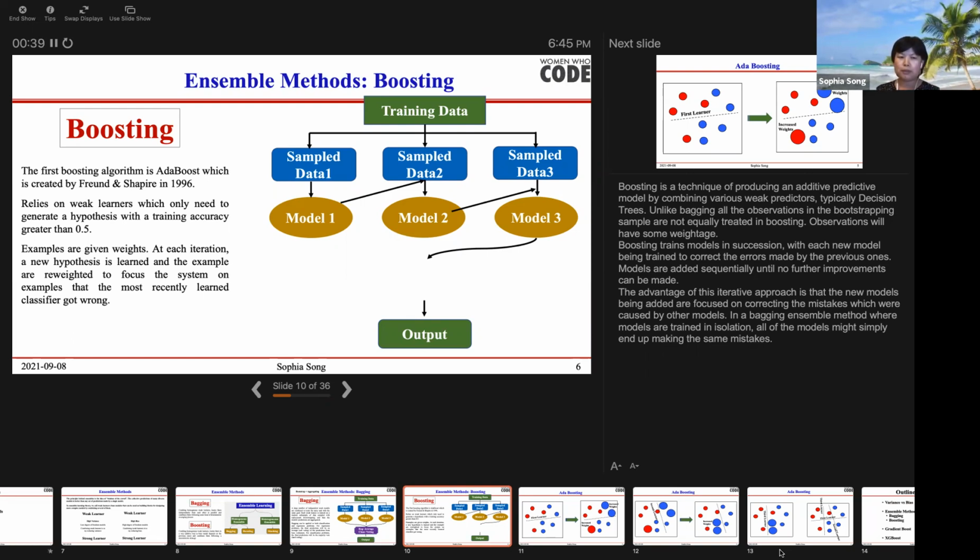So in boosting, there is a relationship between each model and the previous model. It's not like bagging, where the models are totally isolated and there is no interaction between them.